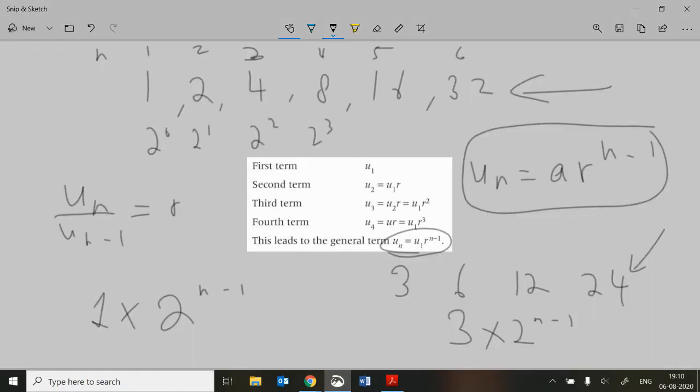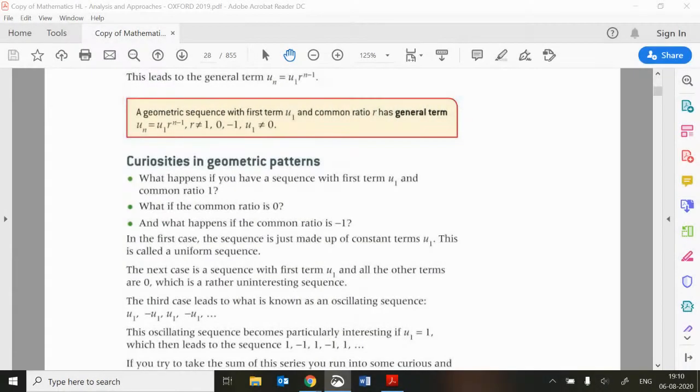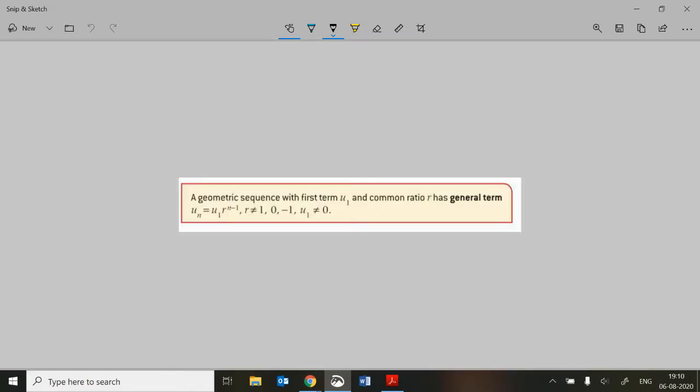I don't see why it couldn't be minus 1. They're just not allowing it to be minus 1 there. So say, for example, the formula was u_n equals 2 times minus 1 to the power of n minus 1. That would just oscillate. When you put in 1, you'll get a power of 0, which gives you 1, so your first term would be 2.